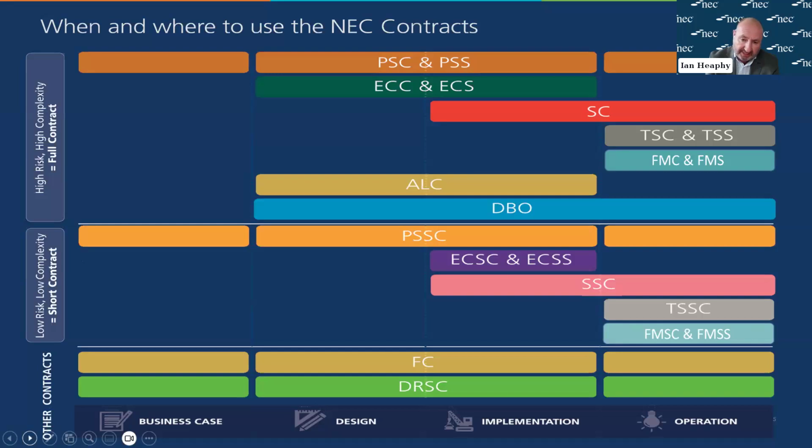Really, what I want to do with this slide today is highlight those contracts within the suite that have a cost reimbursable payments option within them, where the issue of assuring people costs will be relevant.